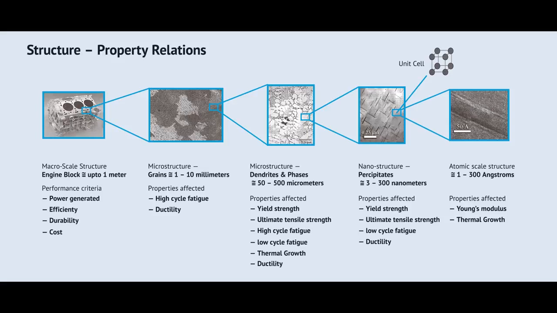The strength of the material is mostly defined by the microstructure. Hardness of the material in many cases is defined by the crystalline structure. However, overall properties of the material, which include chemical, thermal, and strength durabilities, may be defined also by the macrostructure, as you can see on this slide.